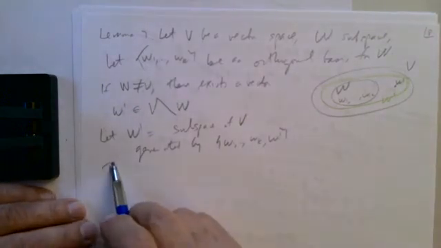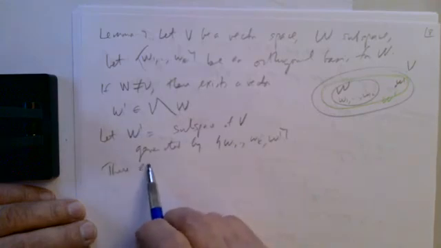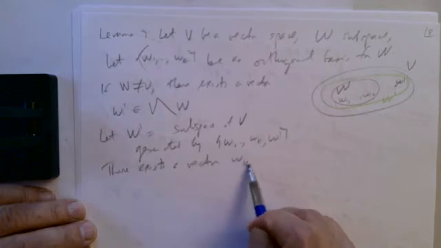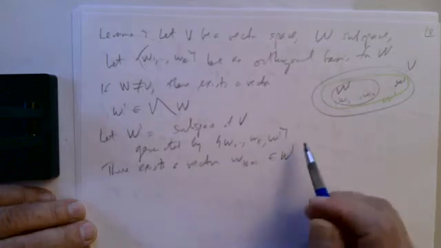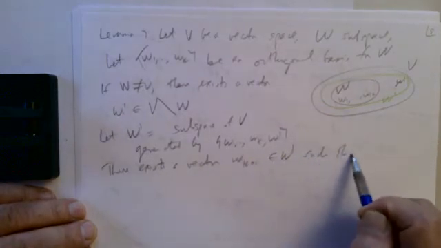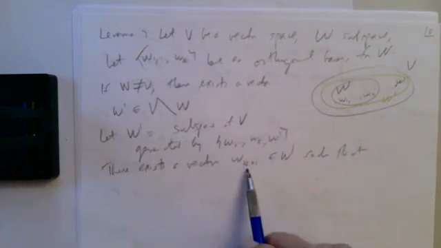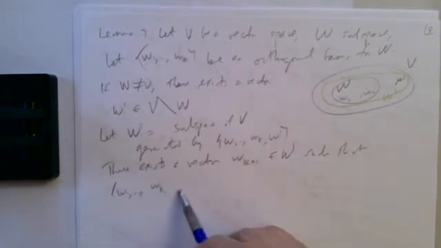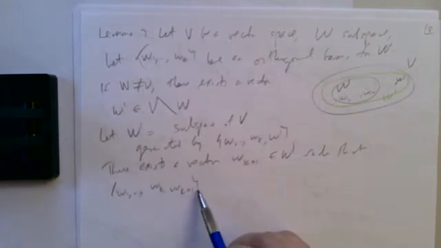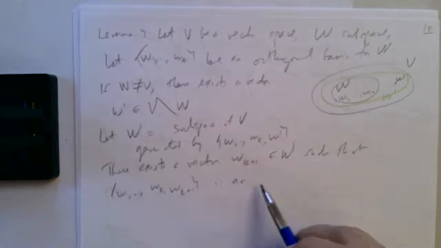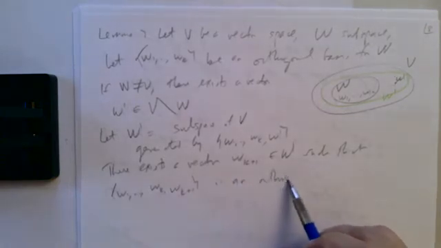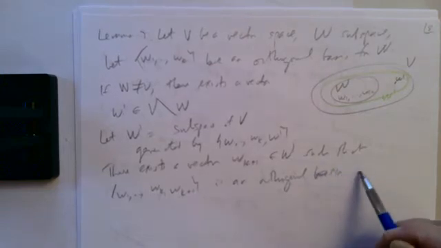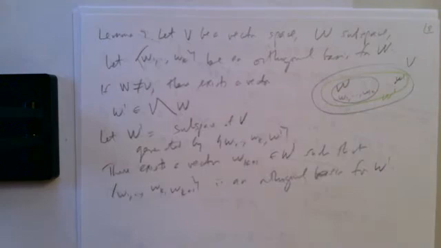And the lemma says there exists a vector WK plus 1 in W prime, such that if I replace W prime with WK plus 1, W1 up to WK and WK plus 1 is an orthogonal basis for W prime.